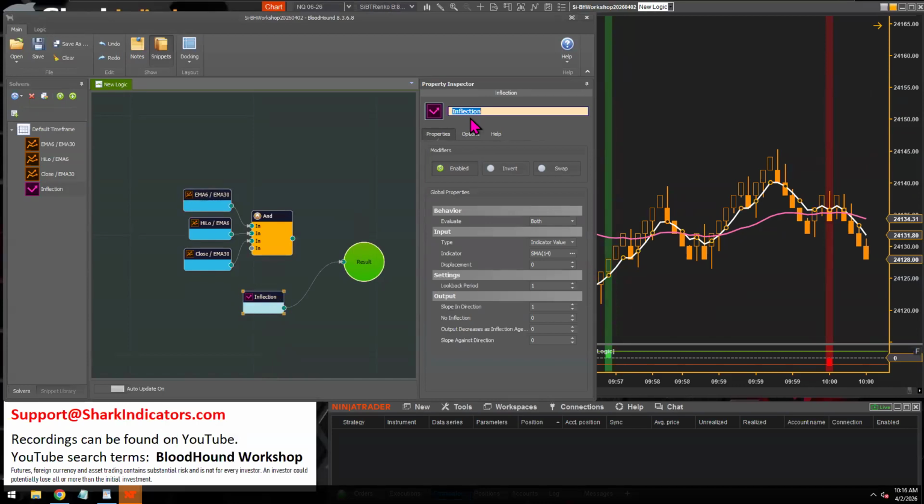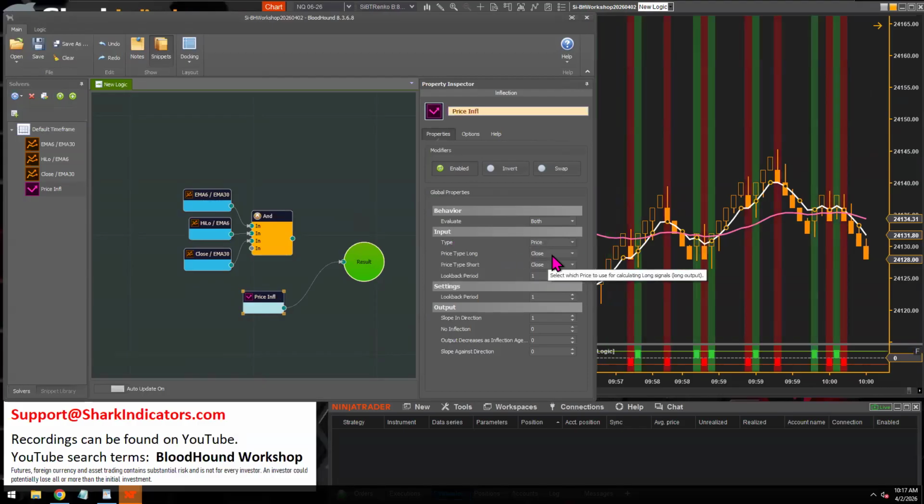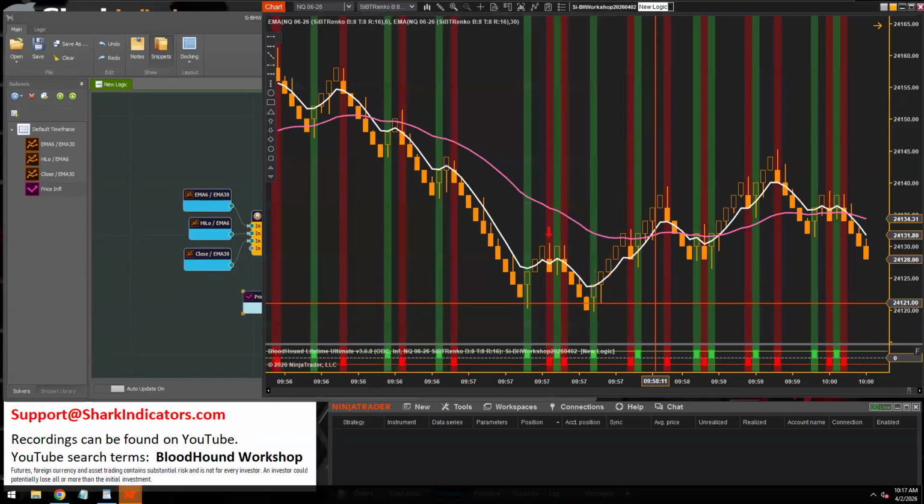But this time, we're going to check to see when price reverses. So the input type will be price, and the closing price is already the default. So there we go. And there we have it.